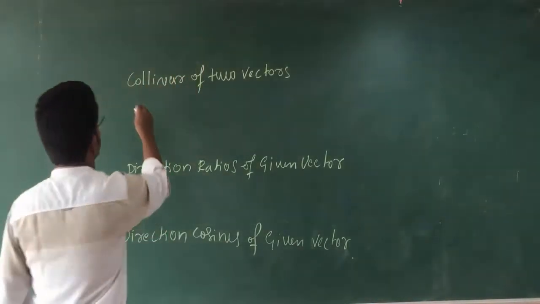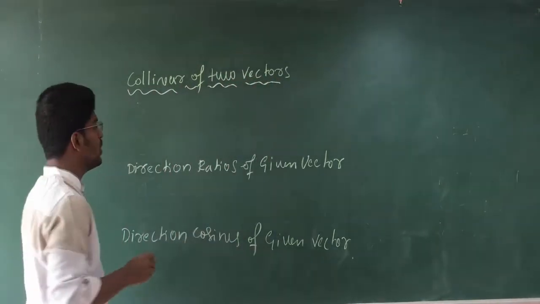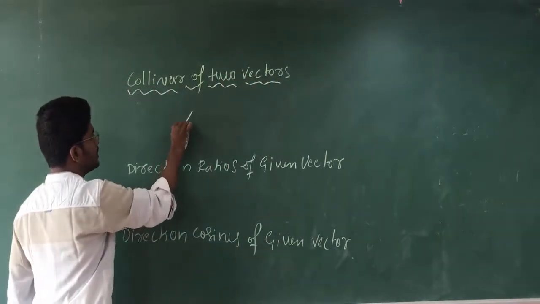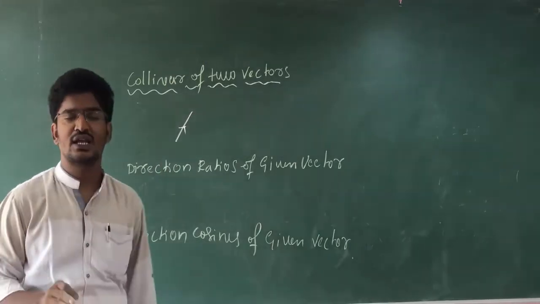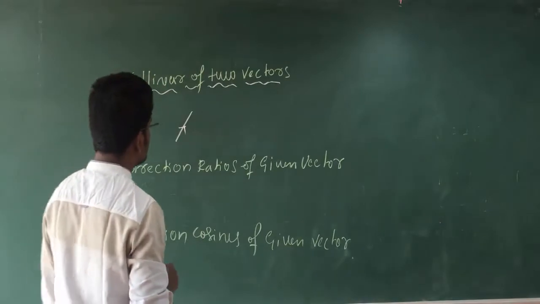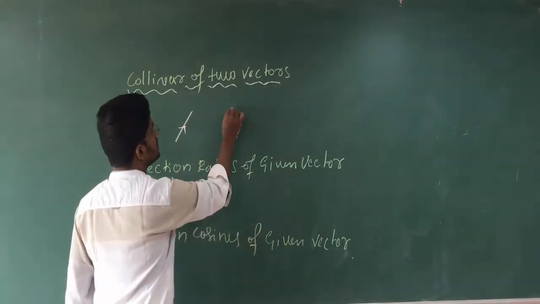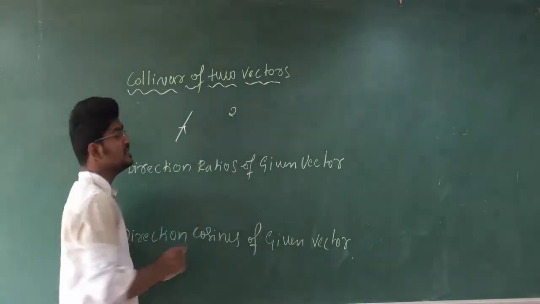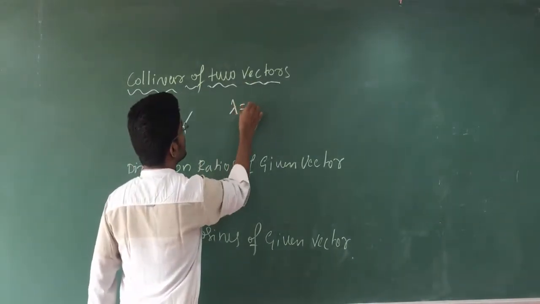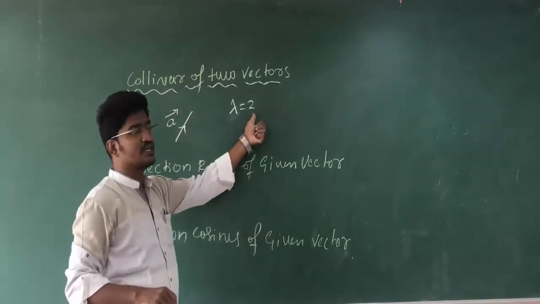See, if you have one vector A with some 2 units, now what I will do, that 2 units vector I will multiply with another 2, that means lambda equal to 2. This is vector A. I will choose lambda value as 2.